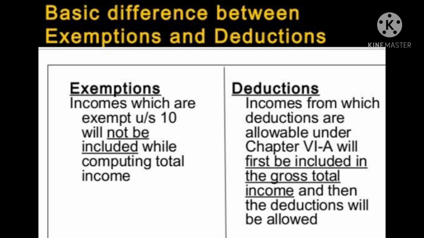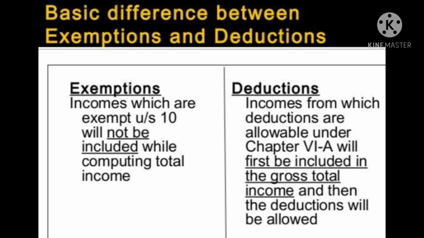For example, the gift received from parents during marriage, or the gift received in the form of a will or ancestral properties which we receive, they are exempt from tax. So, we will not include that when we are calculating the total income.